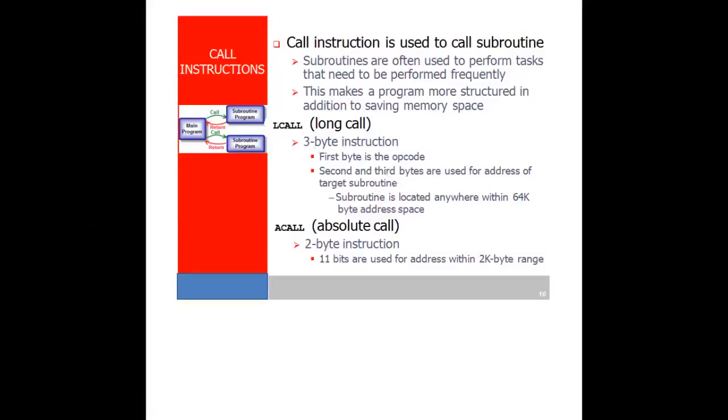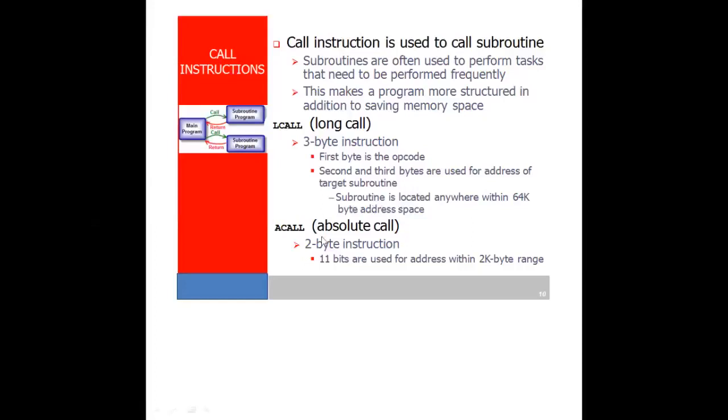The second and third bytes are used to indicate the address of the target subroutine. A 16-bit address means the subroutine can be located anywhere within the 64 kilobyte address space.